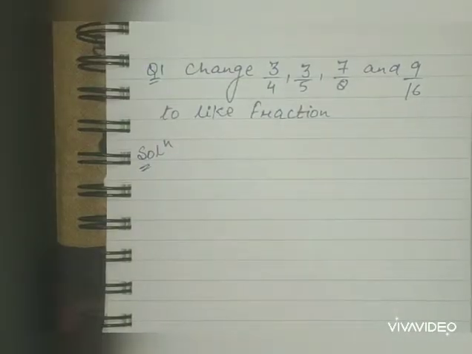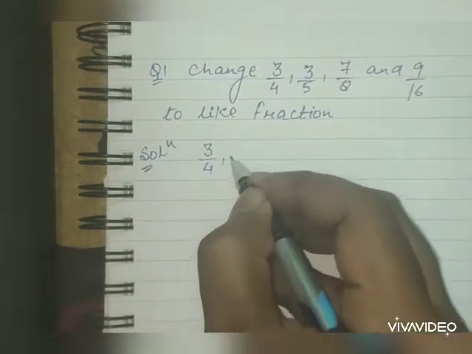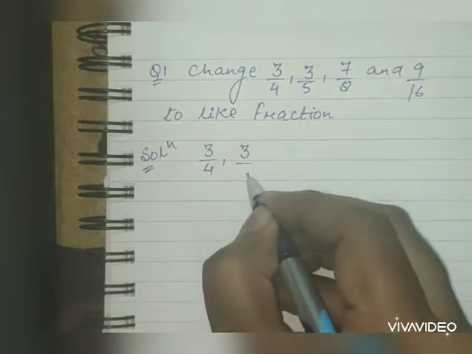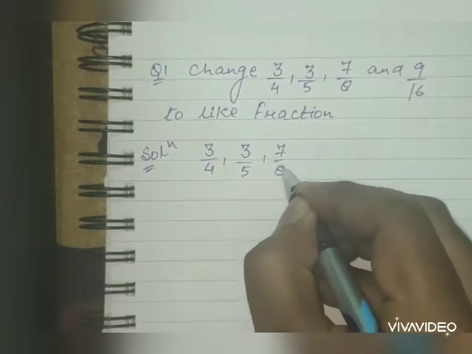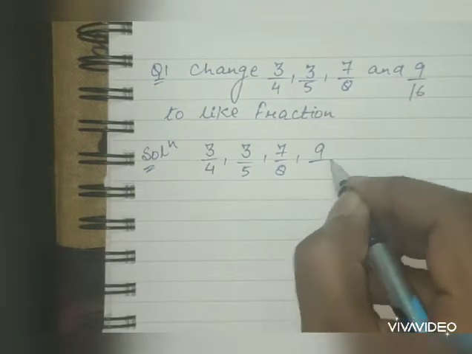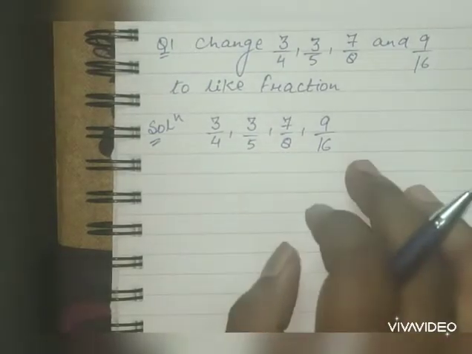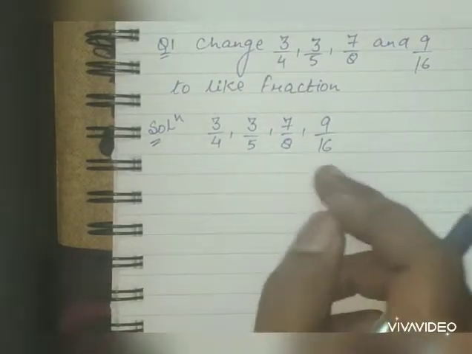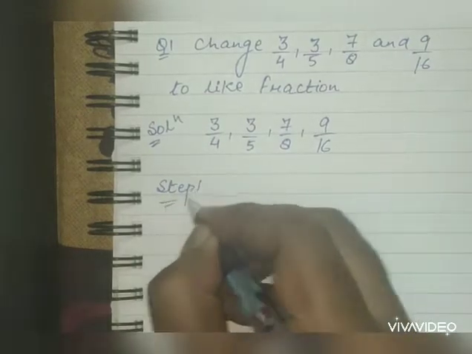To solve this, we will first copy all the fractions that have been given in the question: 3 by 4, 3 by 5, 7 upon 8 and 9 upon 16. Now to convert this into like fractions, we will take the LCM. That is our step number 1.